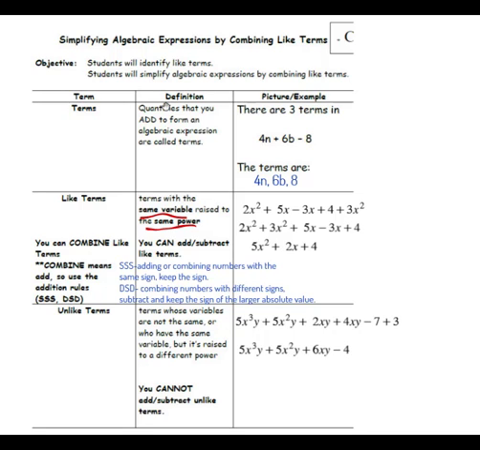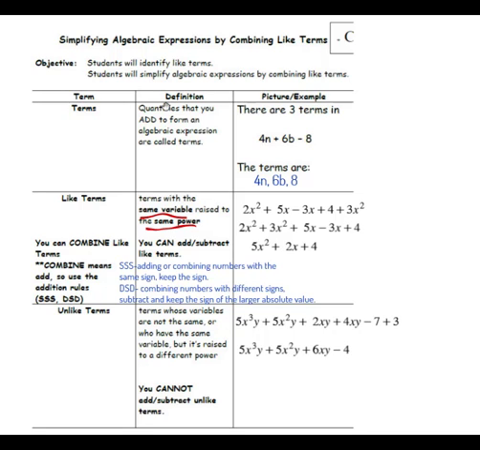All that means is that when you have the same sign, whether that's negative or positive, you're going to combine the numbers, or add them, and keep the sign. If you have a different sign, you're going to combine the numbers with different signs, subtract, and then keep the sign of the absolute value.